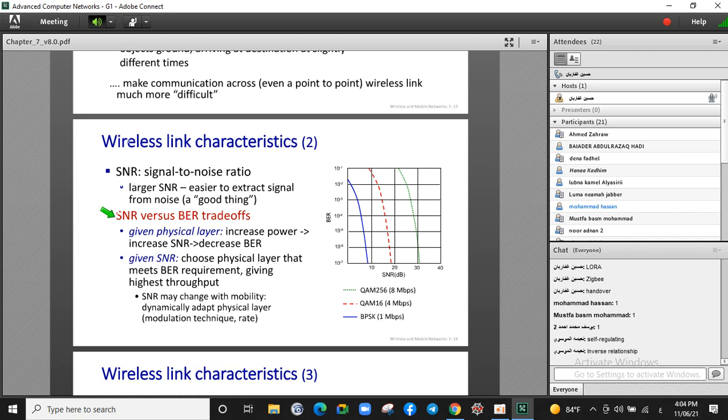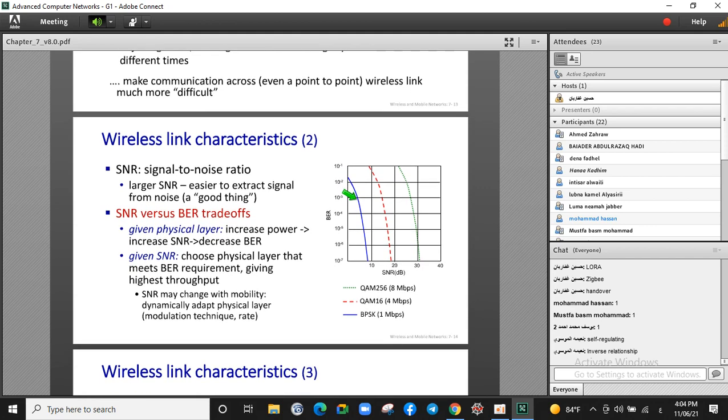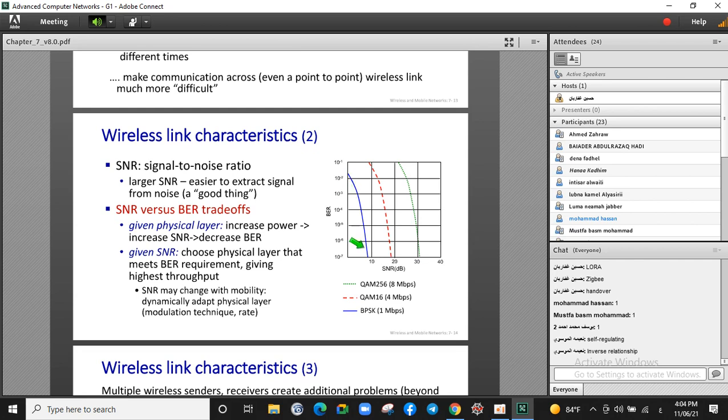To do that, we use modulation techniques in wireless networks. For example, here we can see that by increasing the bit error rate value, we need to move to a stronger modulation technique.